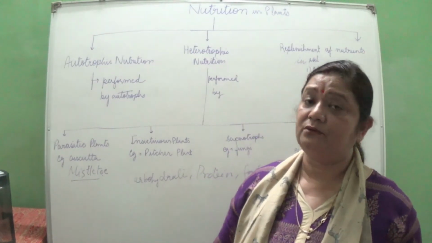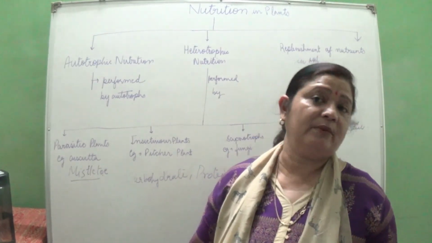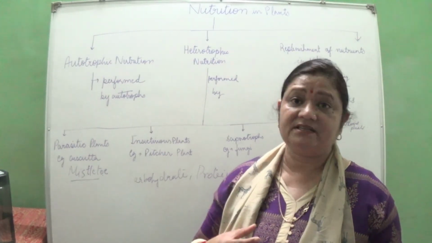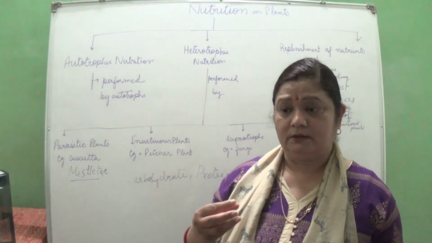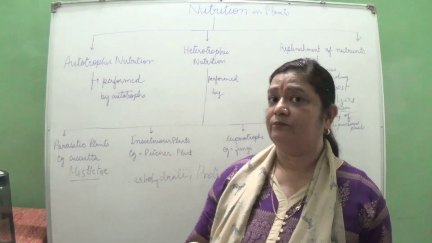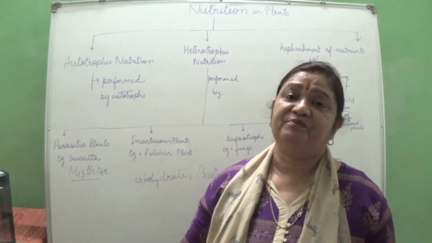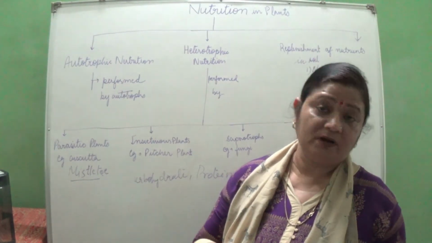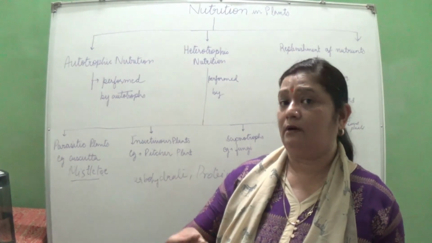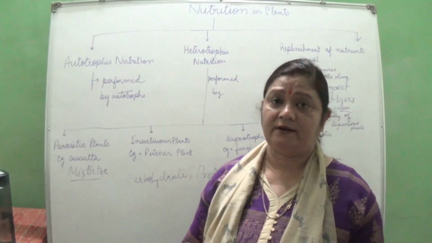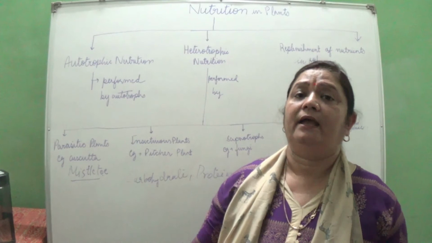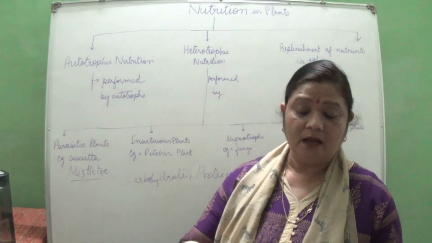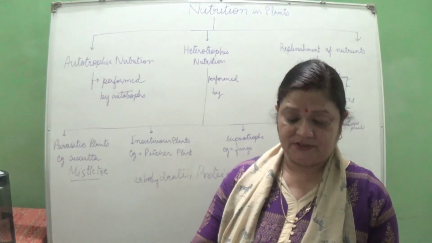Actually, they acquire the nutrients from dead and decaying matter. How do they do it? They produce some digestive juices on the matter on which they are feeding, and these digestive juices convert that solid food into soluble form, and then the fungi or saprotrophs take in that food, and thus they carry out the process of digestion and fulfill their requirements of nutrients.